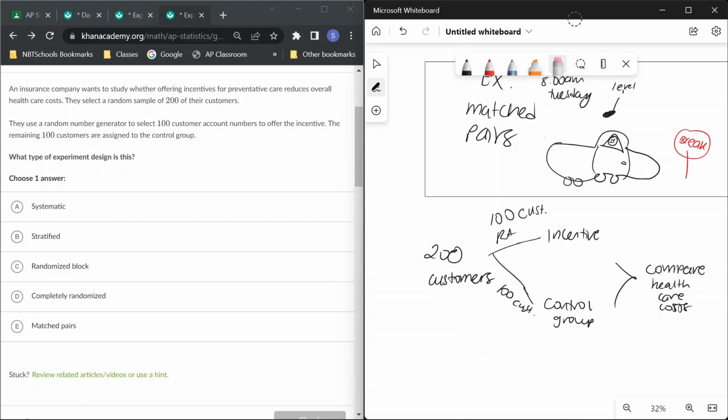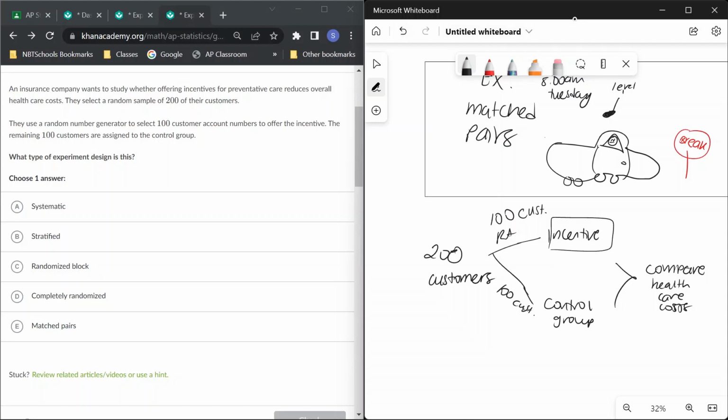But if the 100 customers have a lower healthcare cost overall, that shows that the incentive did cause, we can say it caused, an overall lower healthcare cost, which is good. So then you would say incentive.